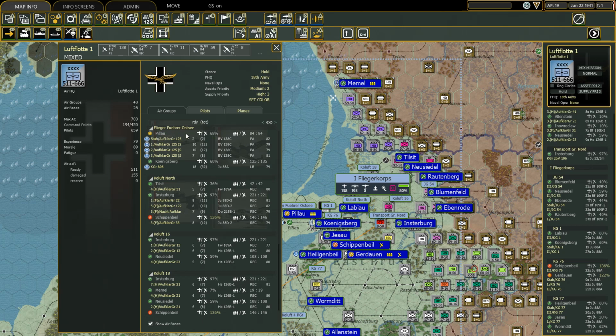In the airbase line, this percentage indicates the percentage of occupancy of the airbase, which means that 68% of the airbase is now occupied. In this case of Schippenbeil, the base is actually overcrowded because you have 136% of occupancy.